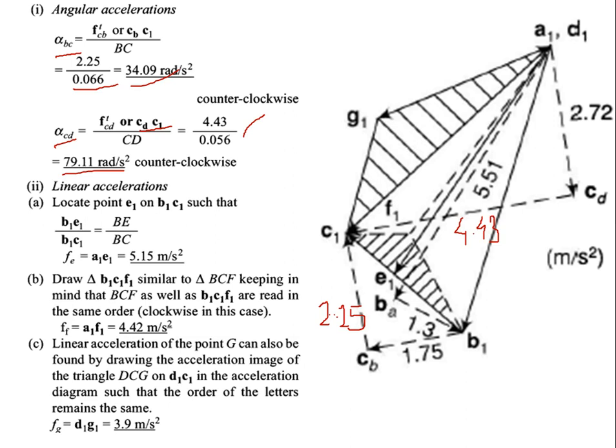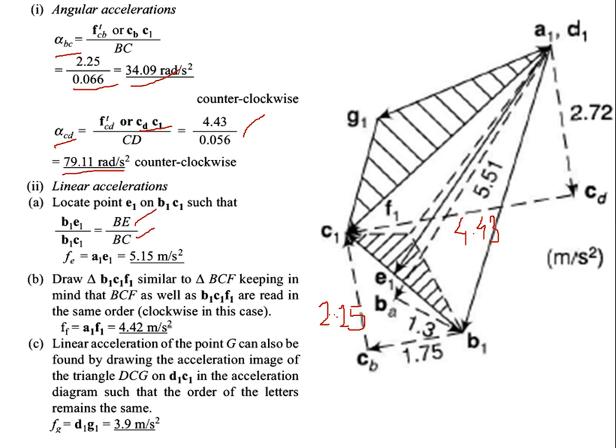It is just the ratio. If you take the acceleration ratio, it should be equal to the link ratio also. So you know the value of BE and BC. Using this you can get the location of point E1 by taking the B1E1 distance.